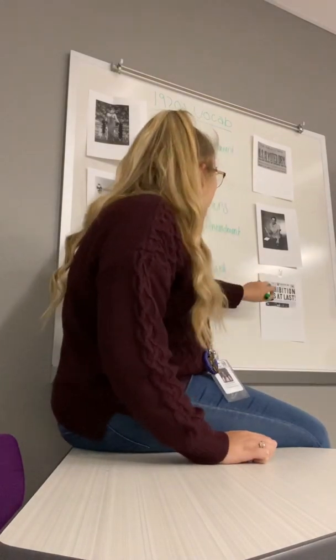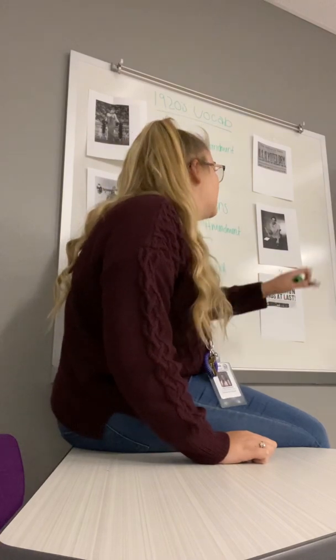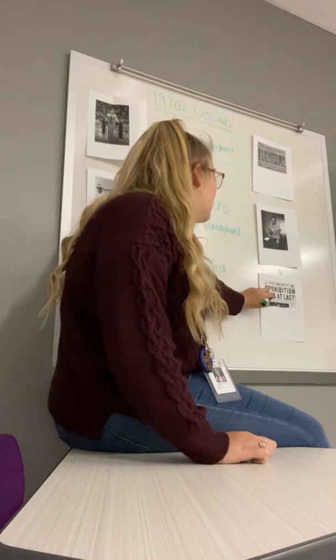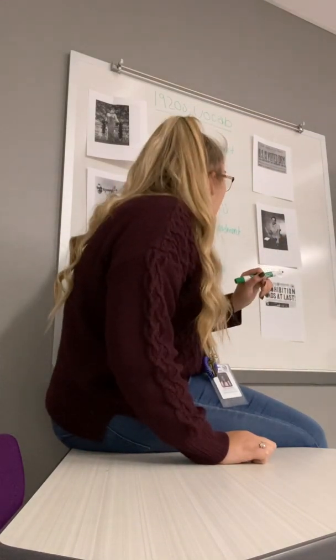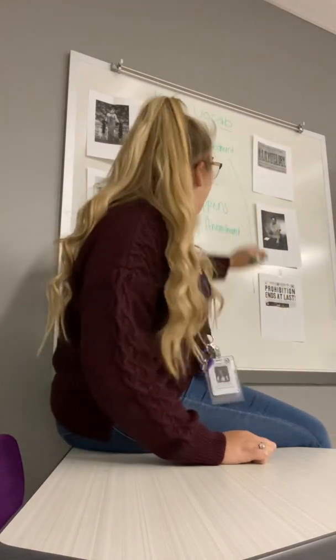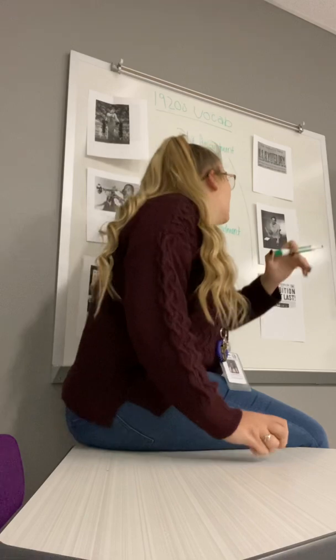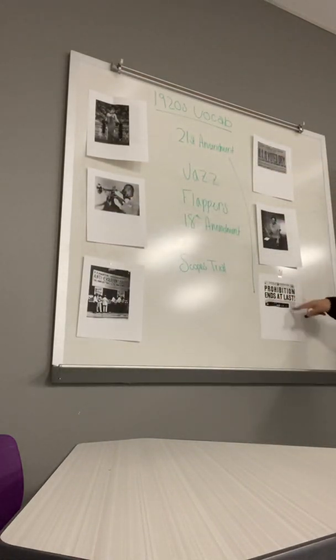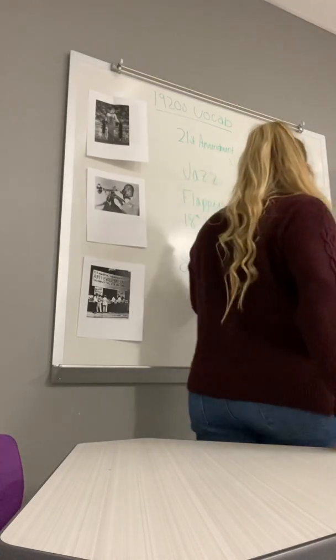So which one of these, if you ended it, it had to be later. Which one would go with something you ended and something that happened later? All right, good job. Yes, it is the 21st Amendment, because 21st. So since we just answered that one where it says the 21st Amendment, which was the prohibition ends at last, that was the end of the prohibition because of the 21st Amendment.